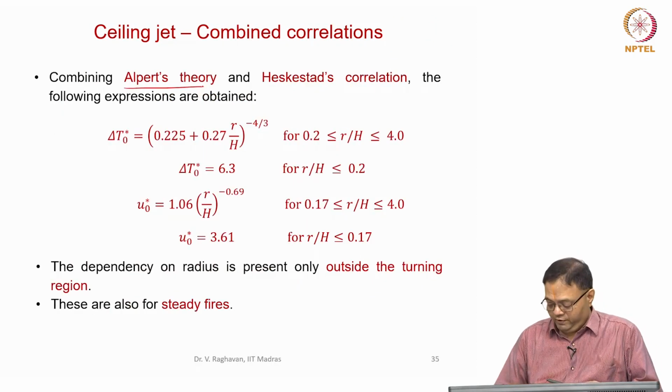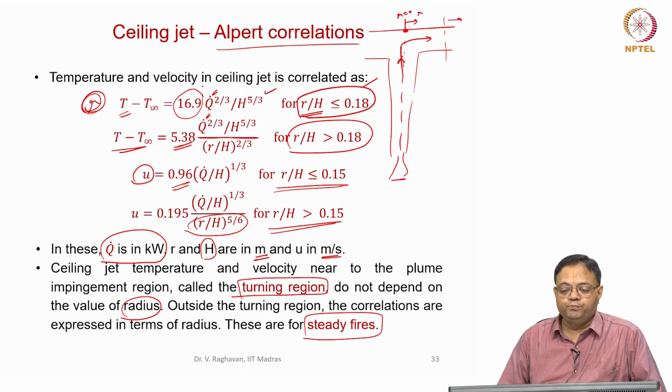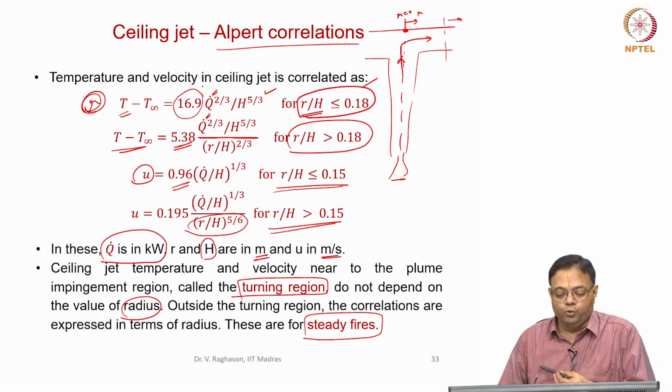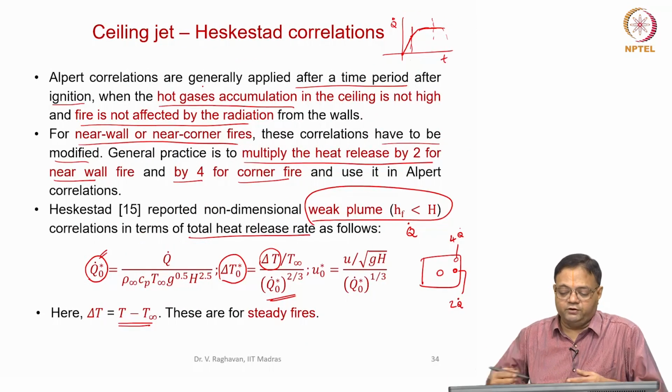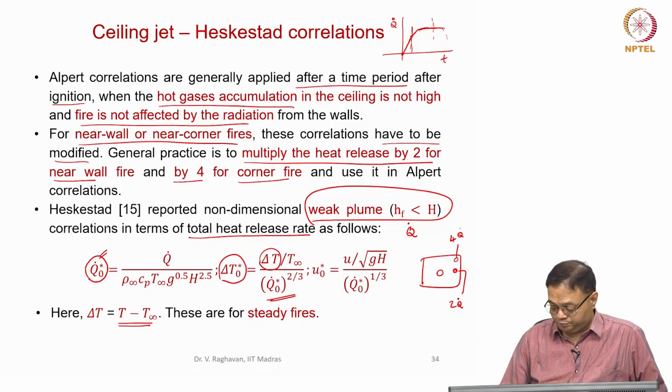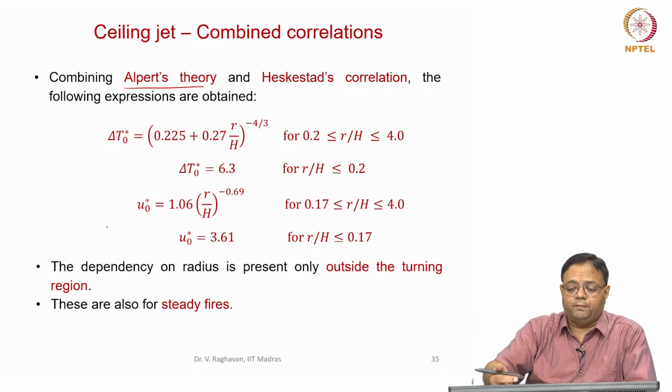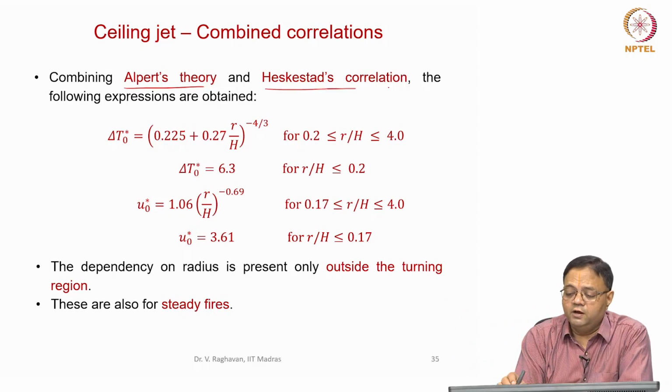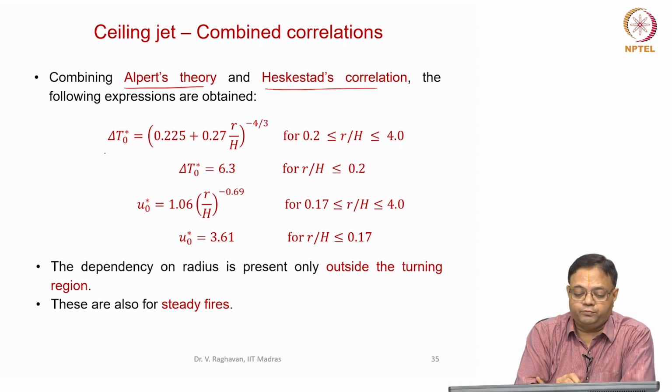So we have seen these two: first the solution by Alpert for delta T and U, then the modification for the weak plume by Heskestad. Now let us combine Alpert's theory and the Heskestad correlation to get the following expressions.